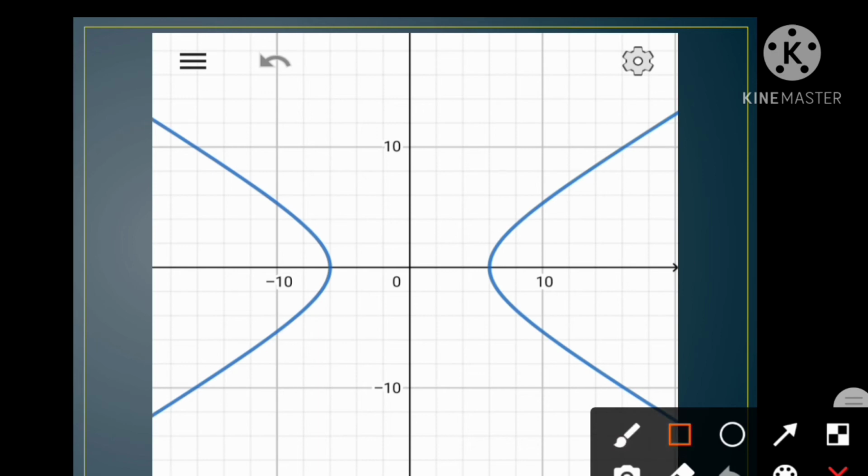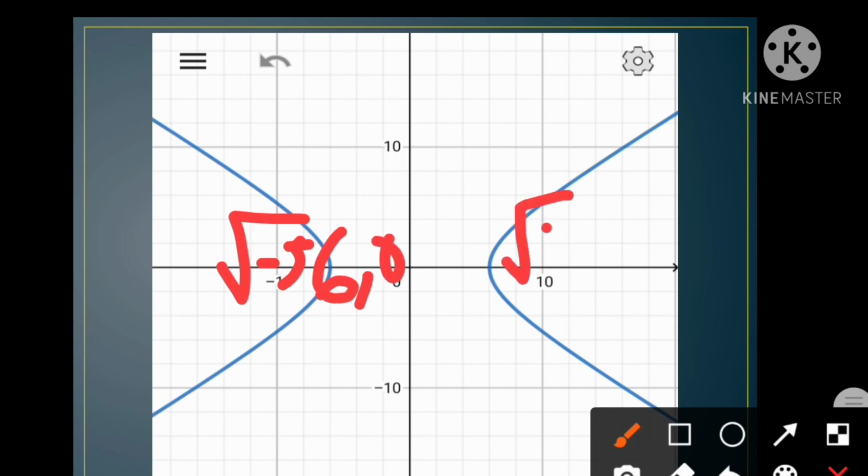So here is the negative square root of 52, 0, then here is the positive square root of 52, 0. So here are our positive foci and our negative foci.